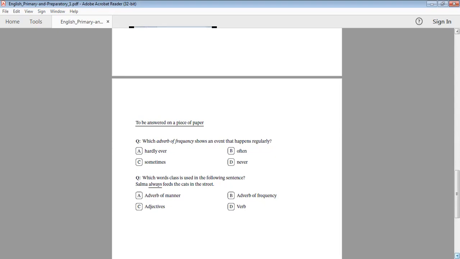2, which word class is used in the following sentence? Salma always feeds the cats in the street. Adverb of manner, adjective, adverb of frequency, verb.